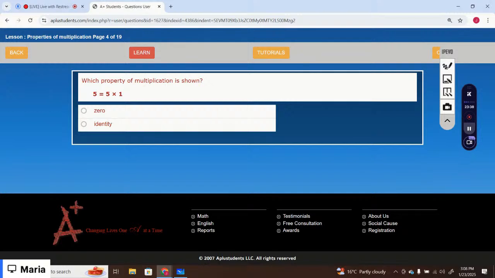Which property of multiplication is shown? That is identity property. Option number 2 is the correct option.